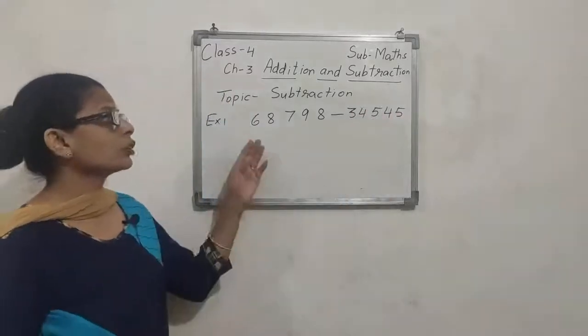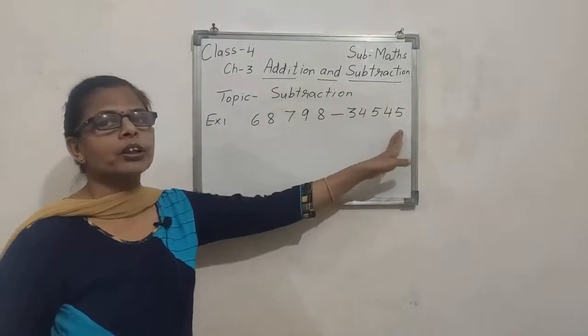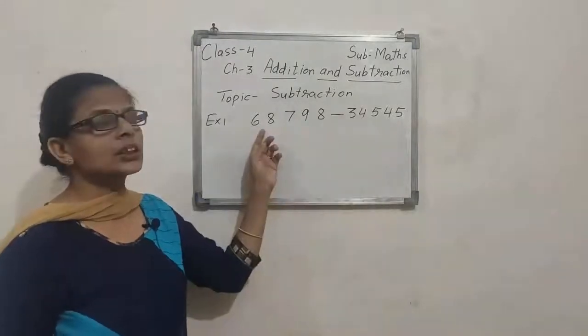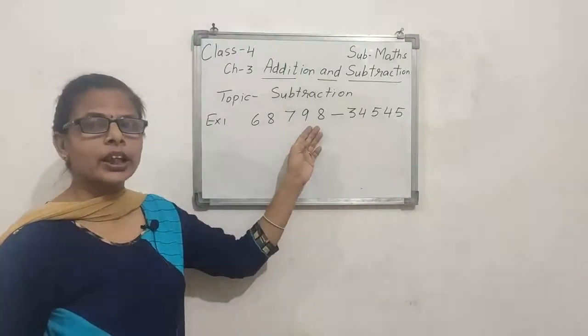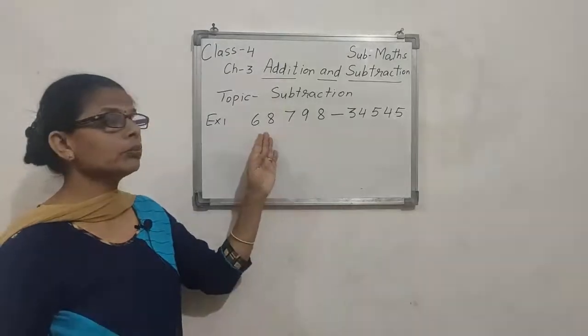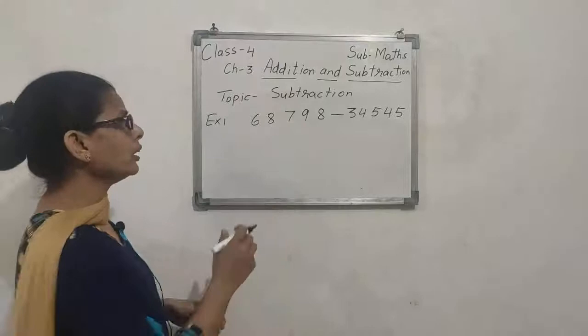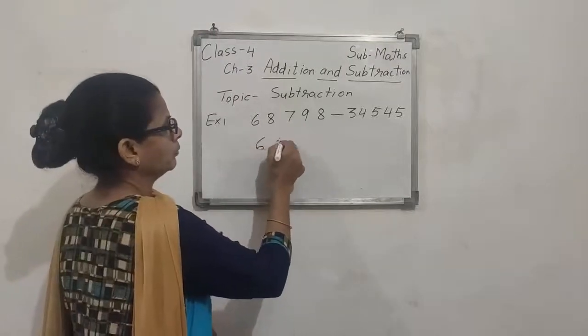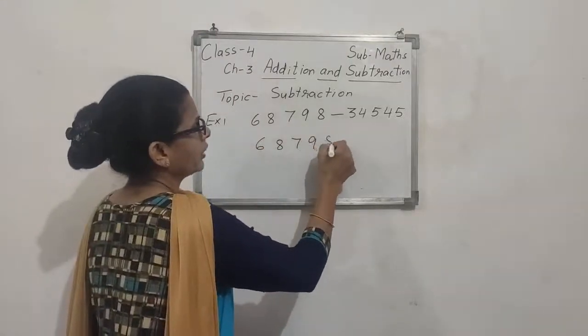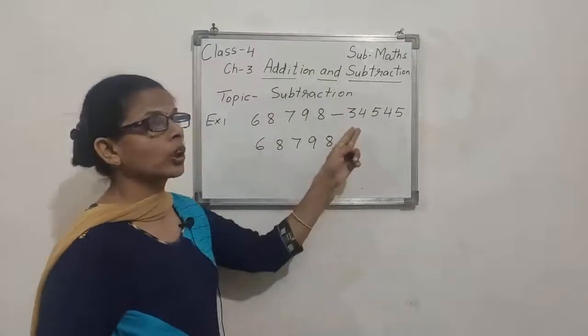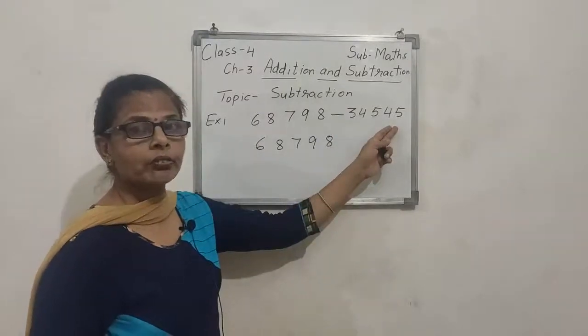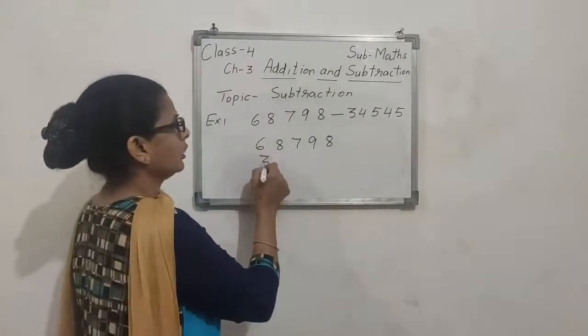Yes, you have to subtract 34,545 from 68,798. So which is the bigger number? 68,798. So this number will be written up. And the smaller number is 34,545. So this will be written down.